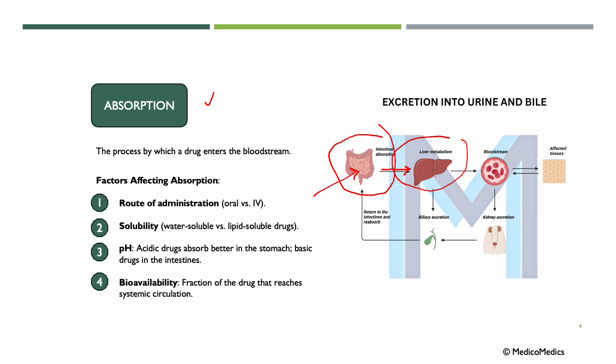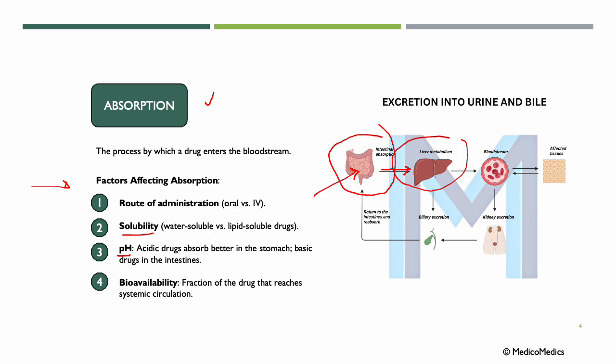The fraction that remains active is what's called the drug's bioavailability. So the factors affecting absorption include the drug's formulation, its solubility, pH stability, surface area of absorption, and of course presence of food or other drugs. And understanding absorption is crucial for selecting the correct route, dose, and timing of the medication.